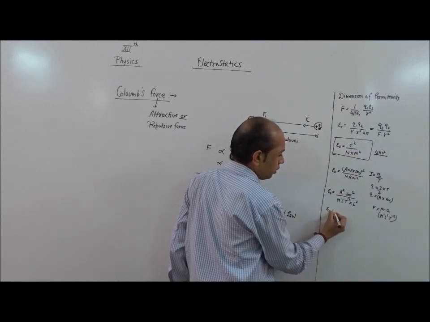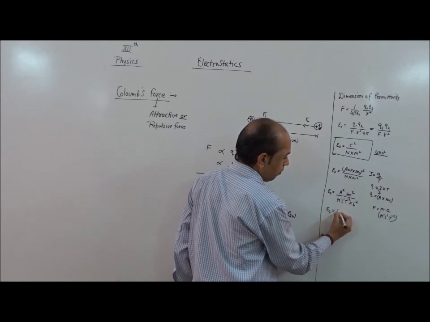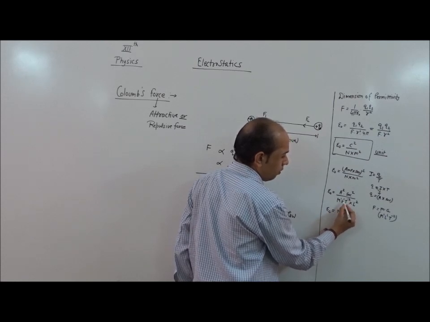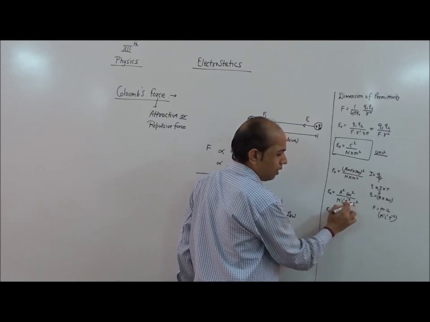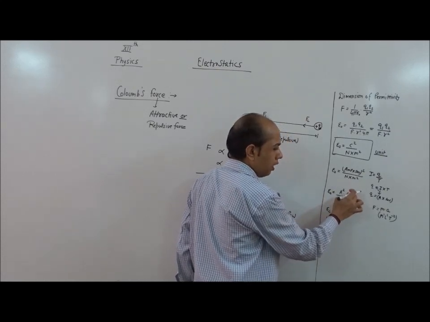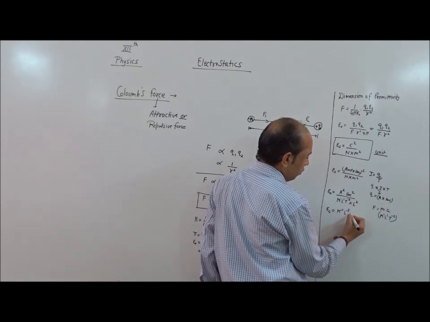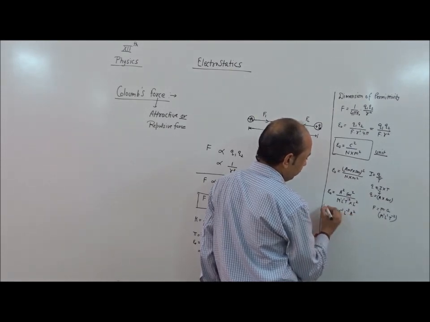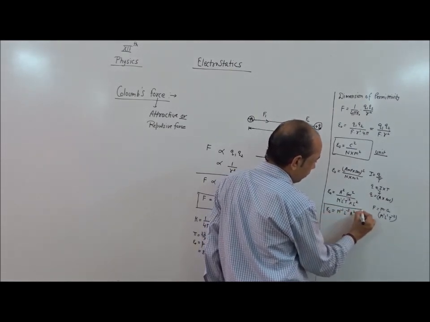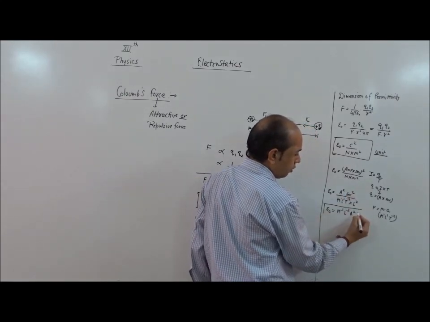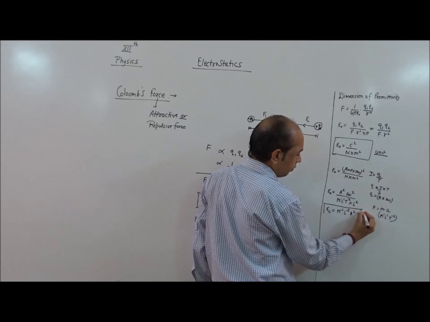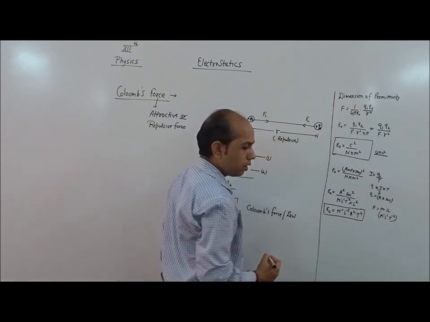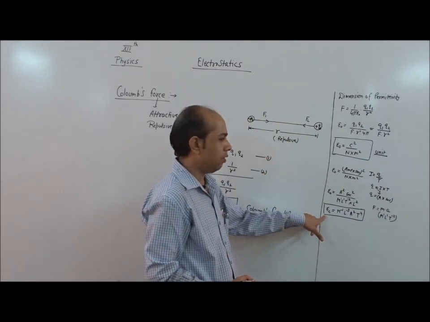So epsilon naught is equal to M to the power minus 1, L to the power minus 3, T to the power 4, and A squared. This is the dimension of epsilon naught.